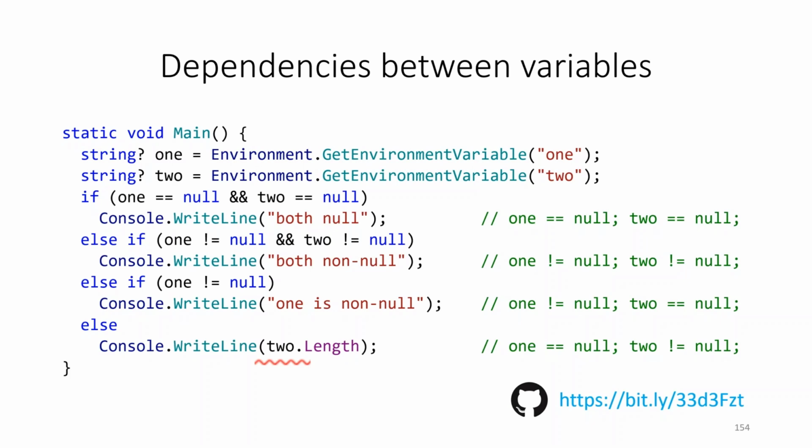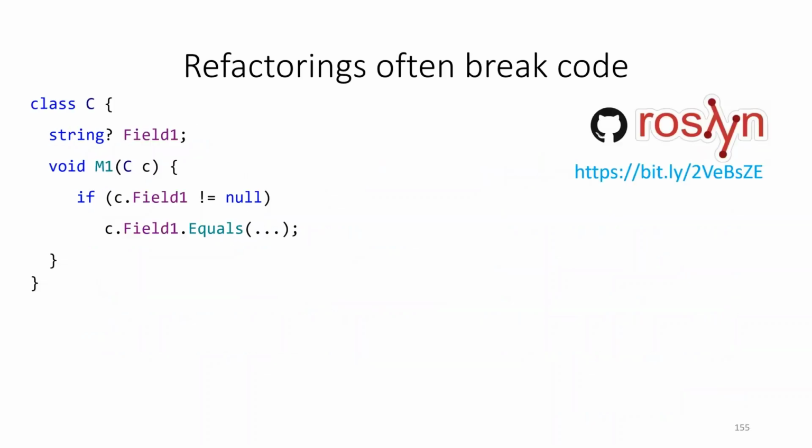All the compiler sees is that there is just variable number 2, and it's declared as nullable, and I'm dereferencing it without any proper null check, so I should get a warning, which was lifted to error in this particular case. And refactorings will often break code as well, because, for example, you are checking some nullable field, and you know that it doesn't contain null right now.